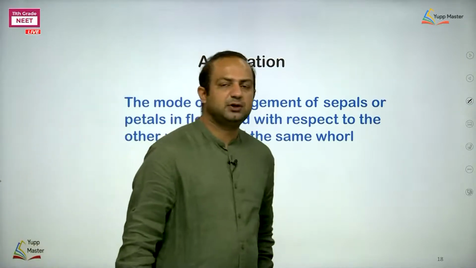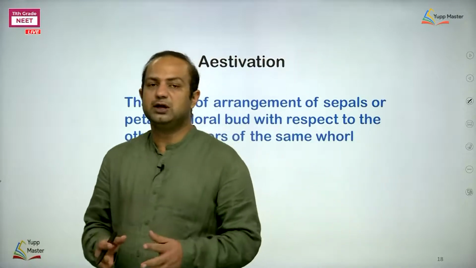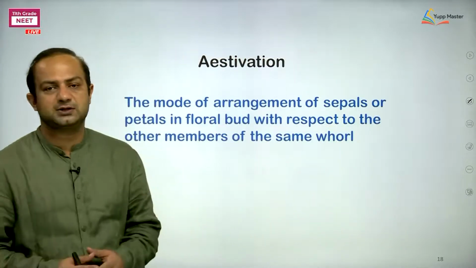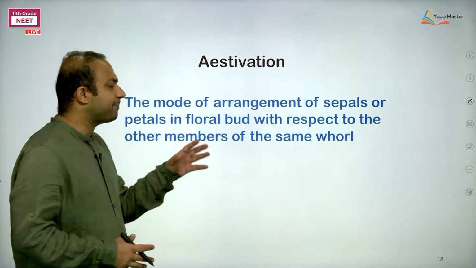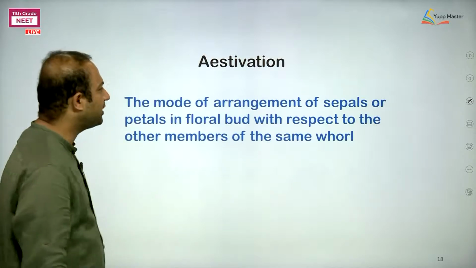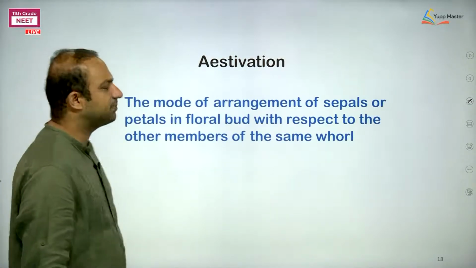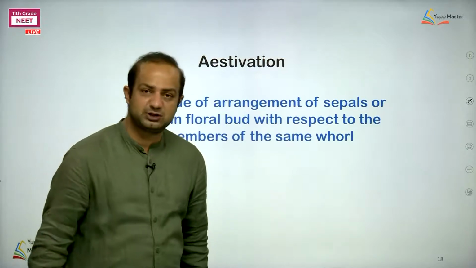Coming to the structure that we used to call aestivation, means how the floral leaves, particularly sepals, petals, we are going to take the examples of petals only, are present with respect to each other within their whorl. Okay, that is called aestivation. Don't get misled, because the word aestivation is there in other portions of biology as well.